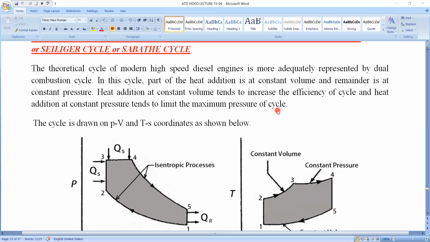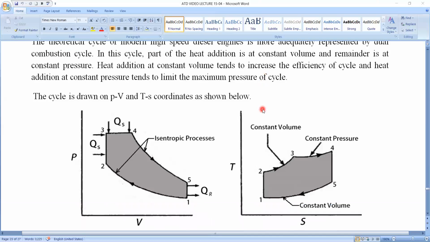In the diesel cycle, it takes place at constant pressure. But the dual cycle is a combination of both, where a part of heat addition takes place at constant volume, which increases the efficiency of the cycle, and the remaining part takes place at constant pressure, which limits the maximum pressure of the cycle.